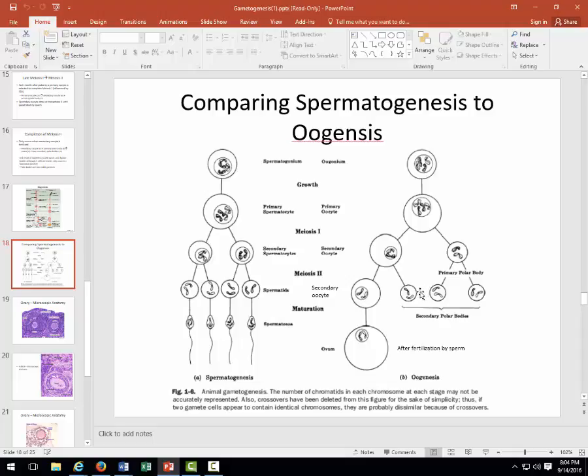These polar bodies are the other cells that are not functional. The ovum is only called an ovum after it's been fertilized by sperm. Prior to that, it's called a secondary oocyte. So what's ovulated is a secondary oocyte. Again, similar processes, just the names of the cells are different.